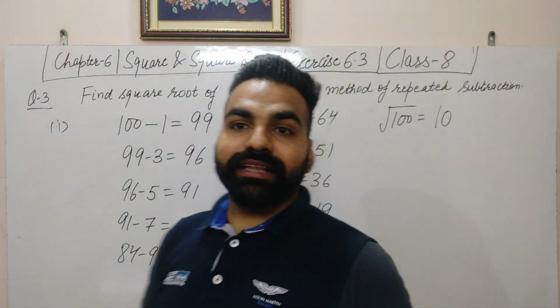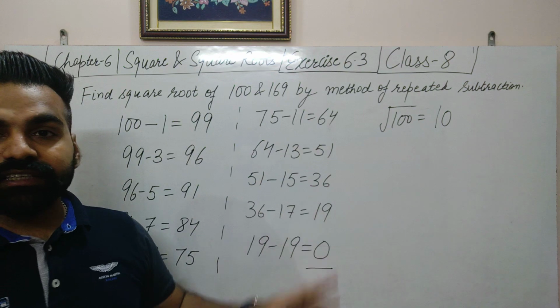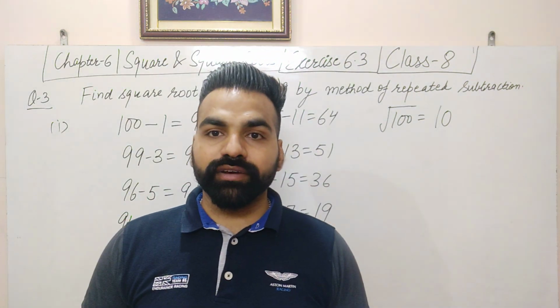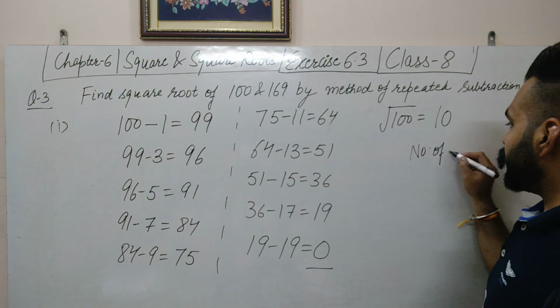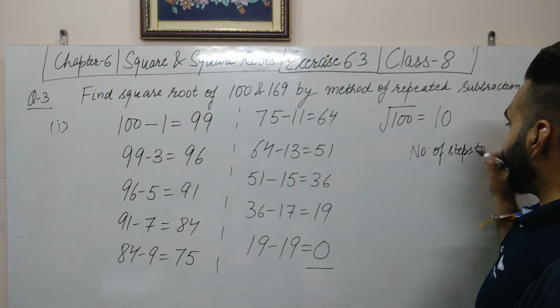By this method we can calculate the square root, and the square root of the given number is equal to the number of steps to get the answer 0.